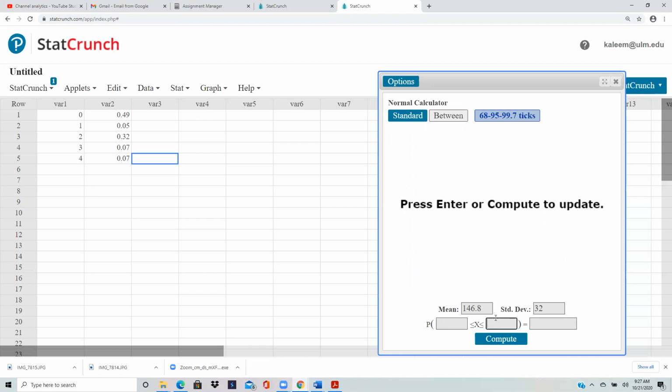2 should be 120. Okay, so what are you doing?